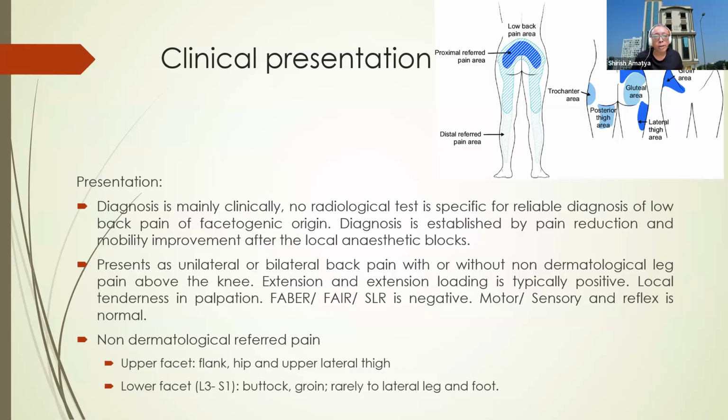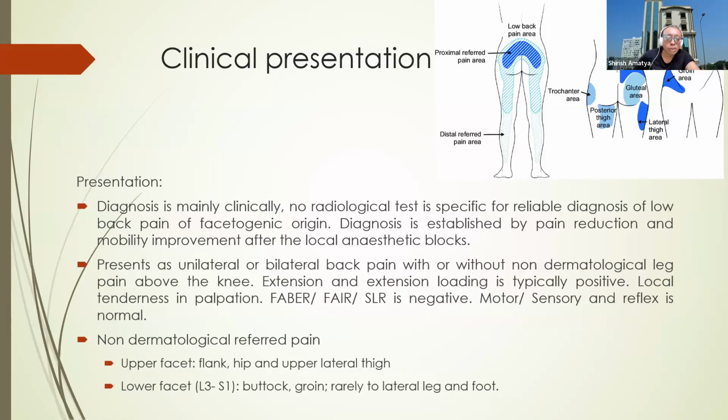Typically, a patient with facetogenic back pain usually complains of unilateral or bilateral low back pain, which is usually aggravated on sitting to standing or when the patient tries to climb stairs. There can be non-dermatomal referred pain to the flank, hip, or lateral aspect of the thigh, usually above the knee.